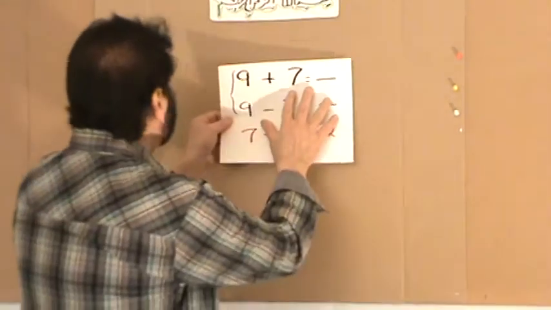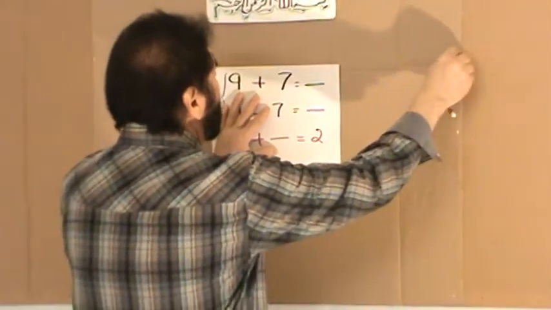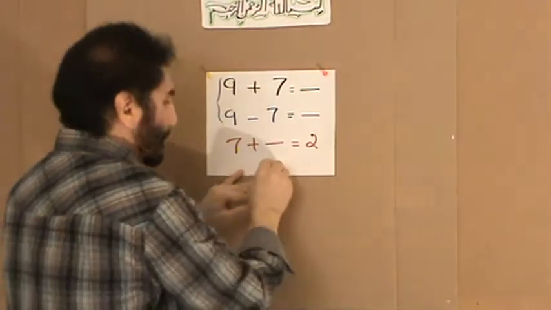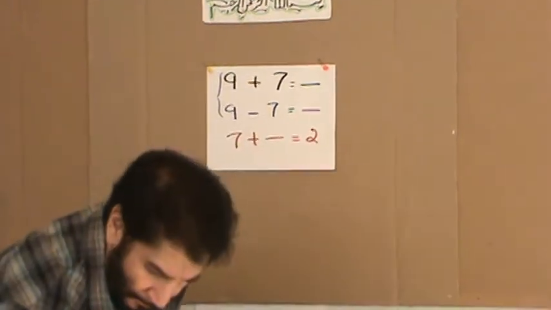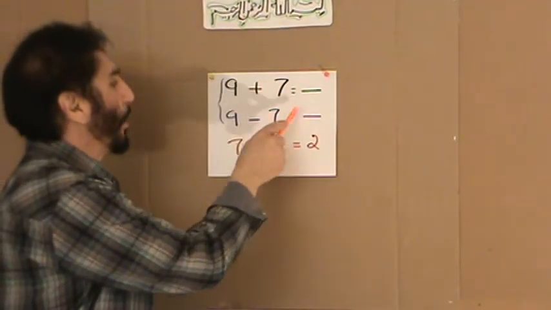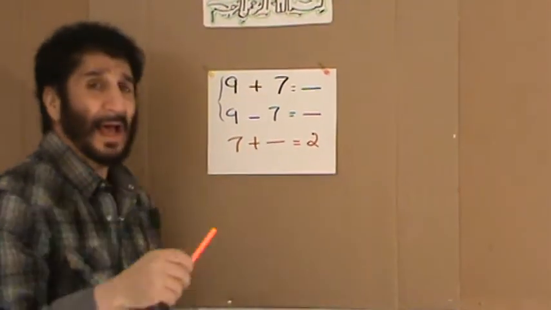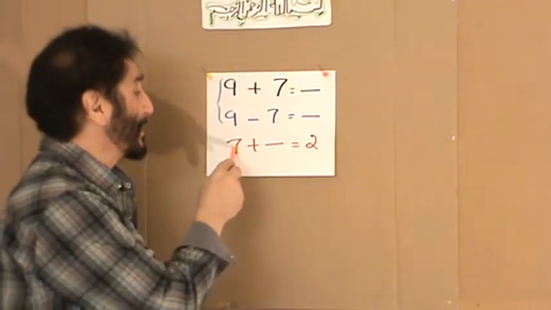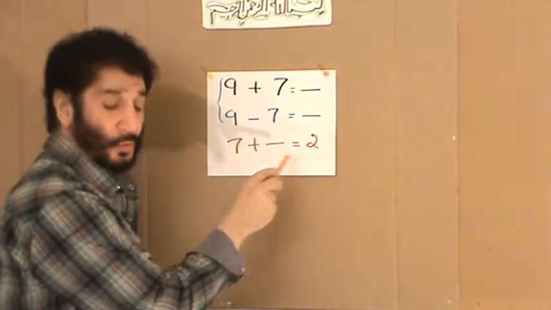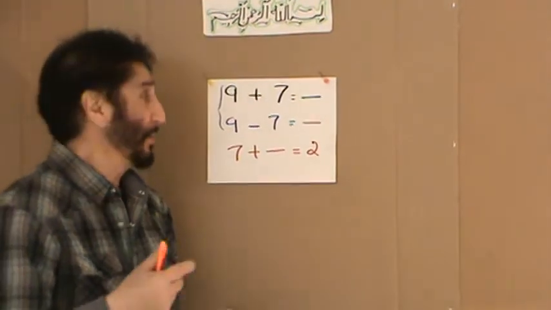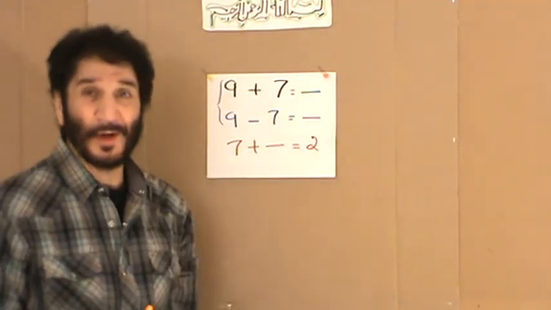Okay, now let me put this one up, if I may. Notice that here 9 plus 7 blank, we fill it up, is that right? And then at this stage of maturity for the kid, if we give them 7 plus blank equals 2, the kid kind of hesitates because it's different than what he has learned in his small logic.